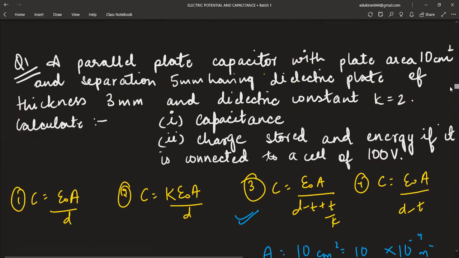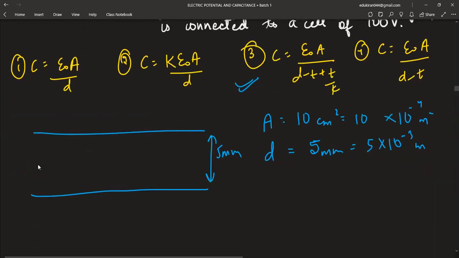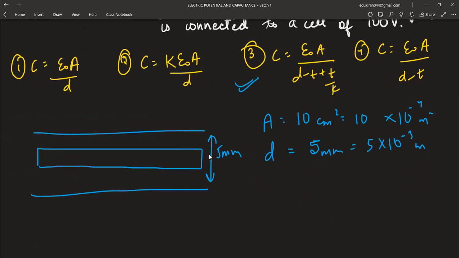Then it is saying the thickness of the slab is 3 millimeters. It means definitely it is less than D, then only this can be 3 millimeters. So thickness is 3 into 10 to the power minus 3 meters. Now definitely this is the third case.